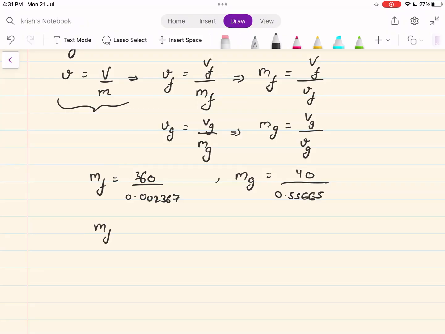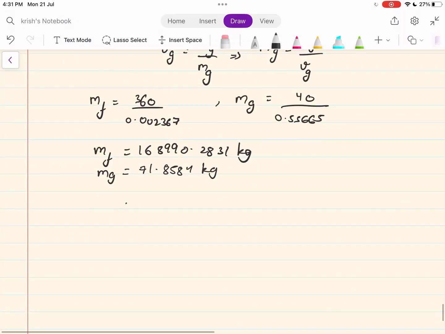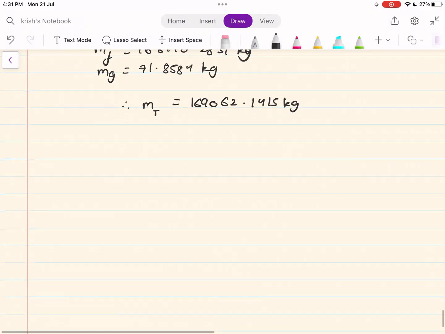So mf will come out to be 16,890.2831 kilogram and mg will come out to be 71.8584 kilogram. So our total mass will come out to be 1690.62.1415 kilograms.